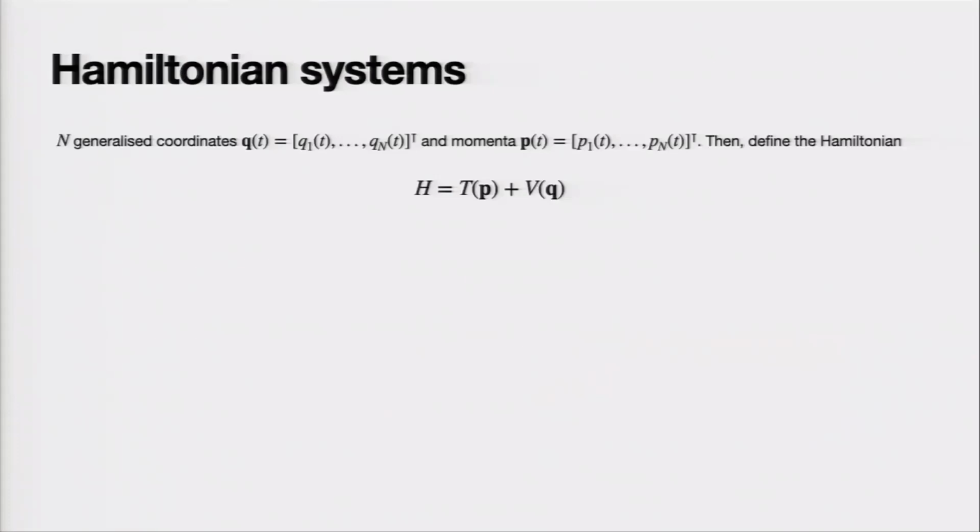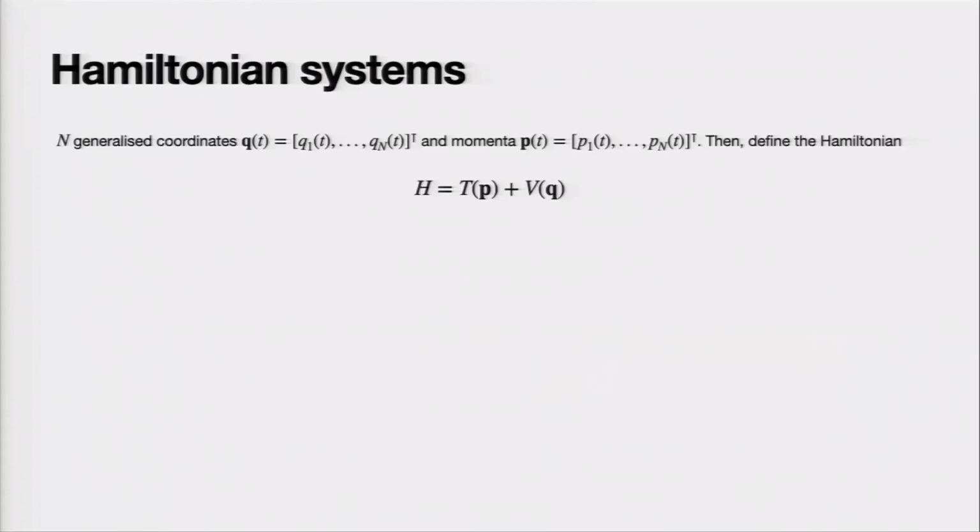But then to define the Hamiltonian systems, you also need the momenta that are denoted p. Again, this is a vector of n components, and p is also just a function of time. So the Hamiltonian we're looking at has this form.